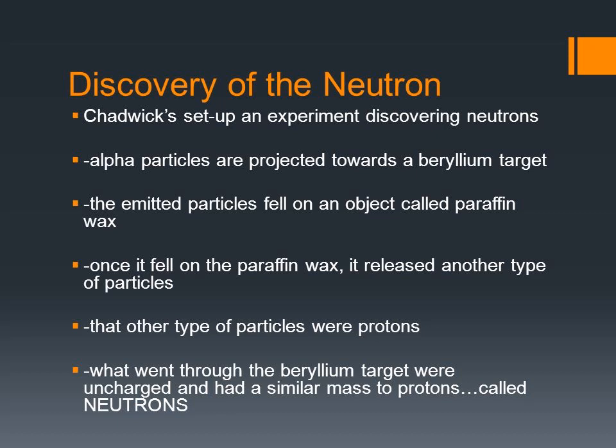These emitted particles carried no electrical charge, so they were called neutrons, because neutrons have no charge. It is denoted by N, with atomic number 0 and mass number 1.